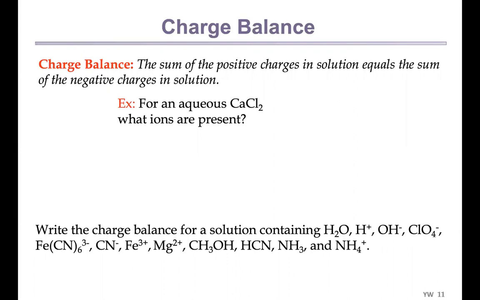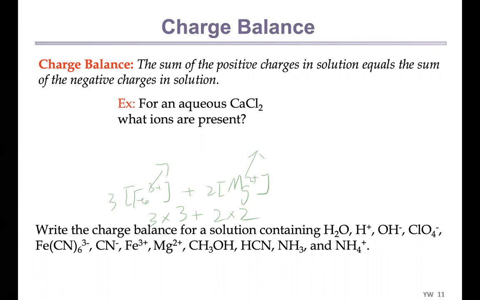So as I said, when I write iron 3 plus 2 magnesium, you are not doing 3 plus 3 multiplied by 2 plus 2, because they have different concentrations. So it's not a simple 1 plus 1 question. We don't have 1 mole of iron in the solution. We could have 0.1 mole iron, and we could have 0.2 mole magnesium.